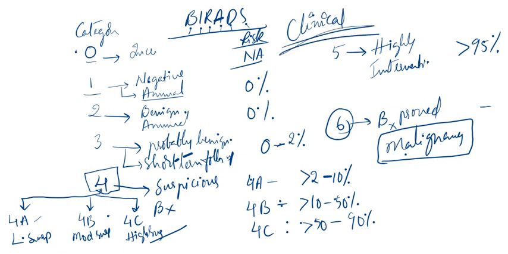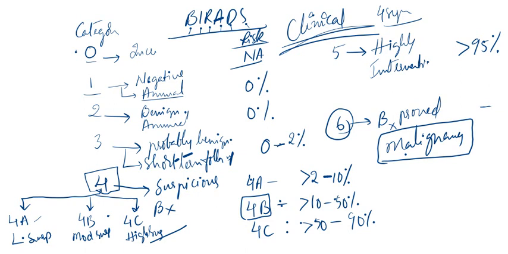Something like, a 48-year-old female who came with the symptoms of so and so. After a couple of days, the doctor came with a BI-RADS score of 4B. So what is your next suggestion to the patient?